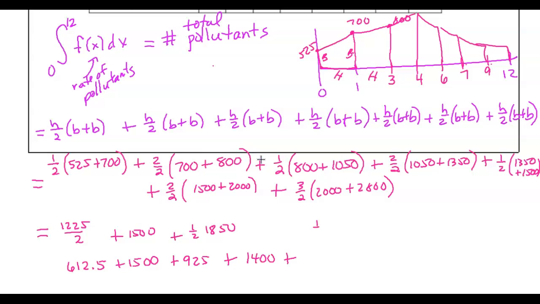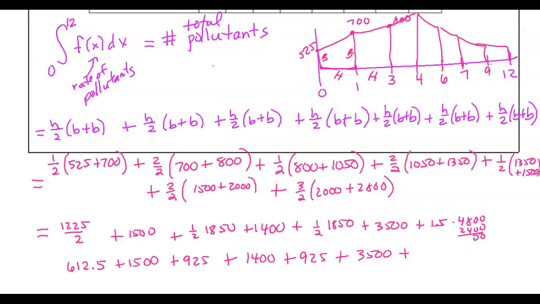I get half of 1850, which is 925. I get 1 times 3500. And then I get 1.5 times 4800. So 4800 plus another 2400 is 7200.